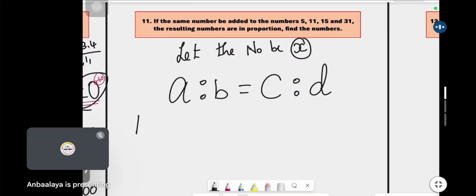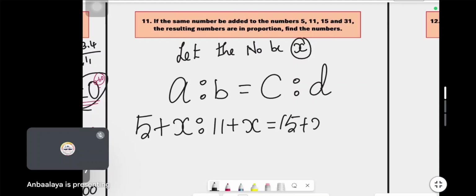Then how should you write it? In place of A I am writing 5 plus x. 5 plus x is to 11 plus x is equal to 15 plus x is to 31 plus x. Okay, whenever we have a proportion like this, what rule will we use?